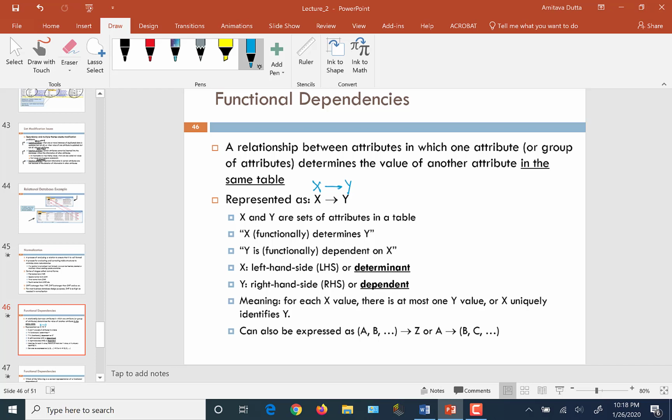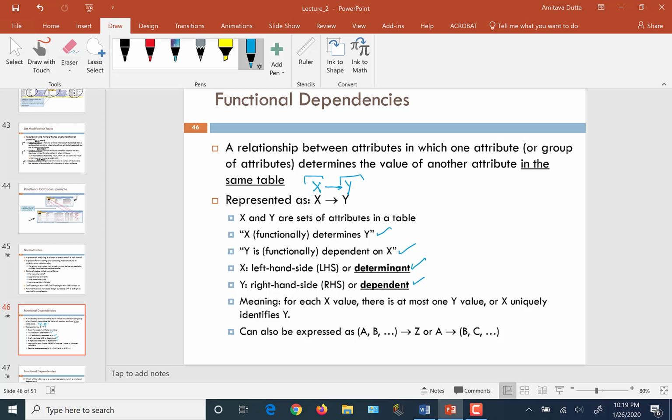You say X determines Y. X functionally determines Y. Or you can say it in reverse, that is, Y is functionally dependent on X. Pretty much, people drop the word functionally and we just say X determines Y and Y depends on X. But that's the symbol that's used, the right pointing arrow. So there is a left side and a right side to a functional dependency. The left side is called the determinant and the right side is called the dependent. Those are just terminology.